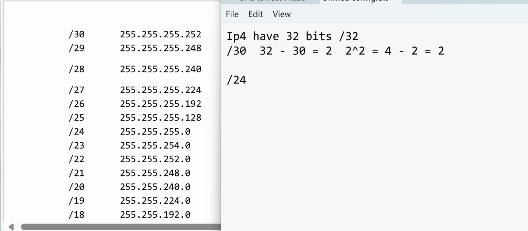So if we do 32 minus 24, we get 8. All right. And now, if we do 2 to the power of 8, because remember the answer that you get from here, you're doing to the power of 2 every time.